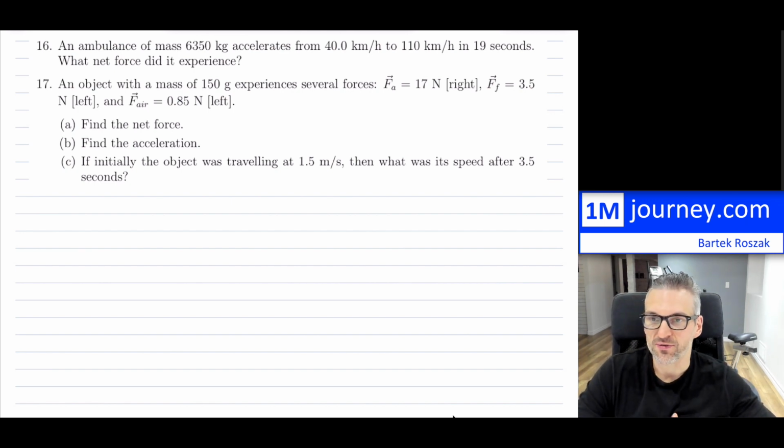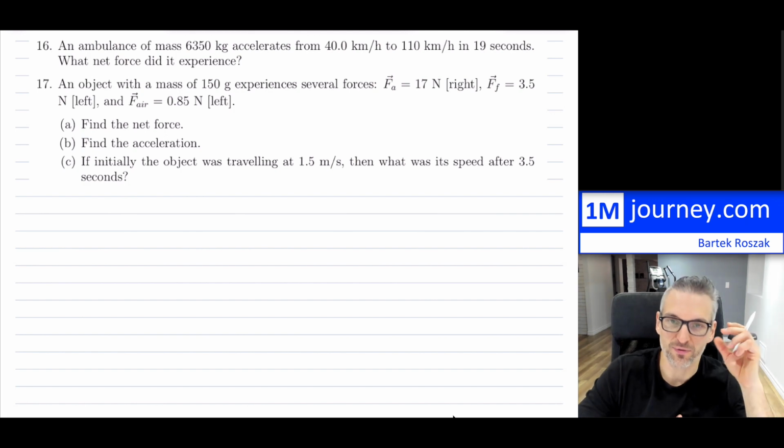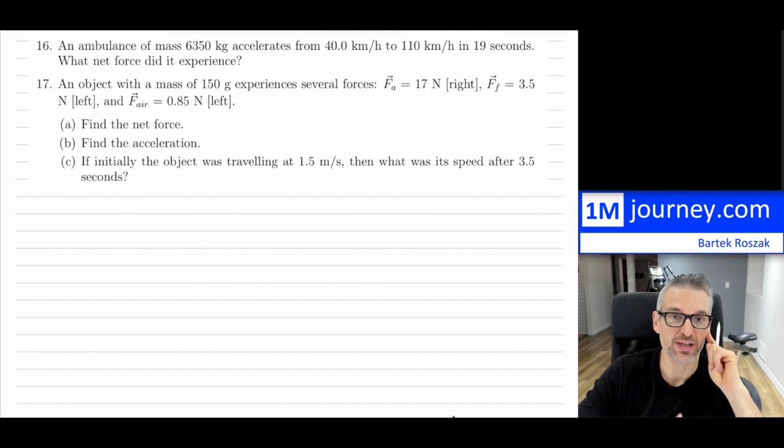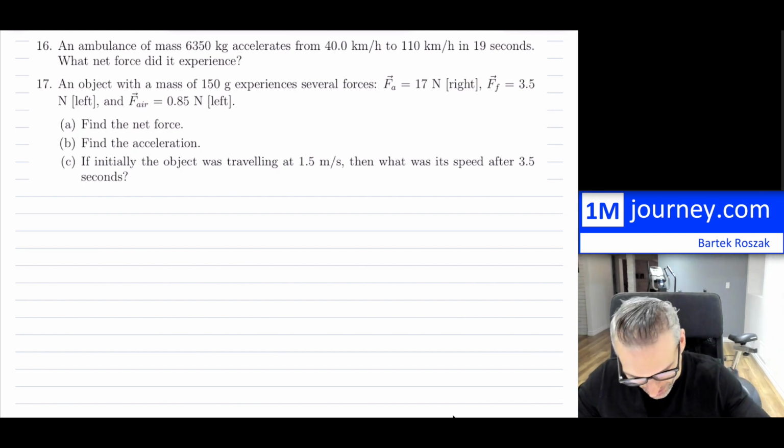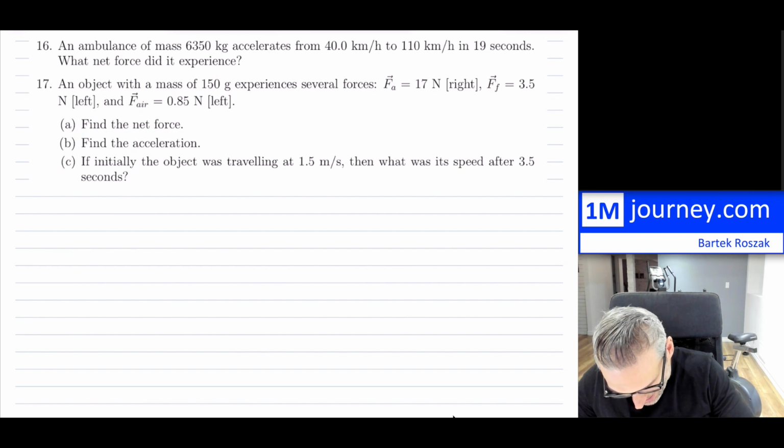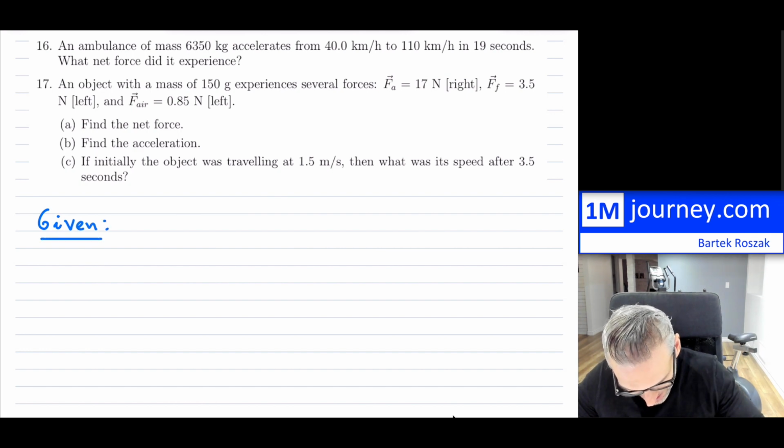An ambulance of mass 1650 kilograms accelerates from 40 kilometers an hour to 110 kilometers an hour in 19 seconds. What net force did it experience? Okay, so for this example, let's take a look at what is given and then what they are asking us for. So we have all kinds of information given.